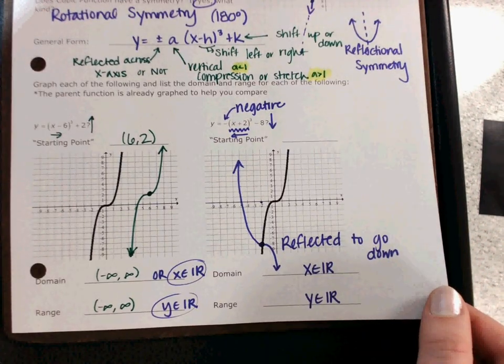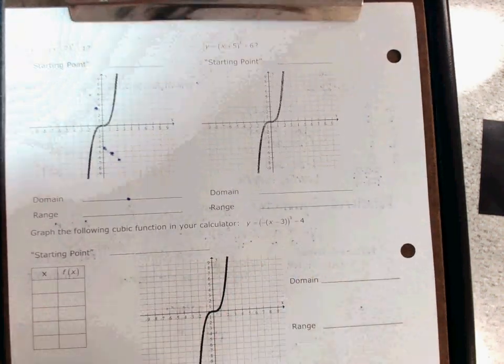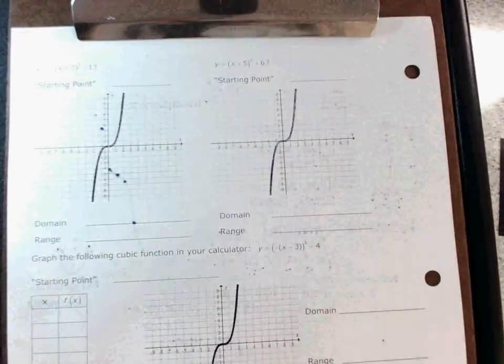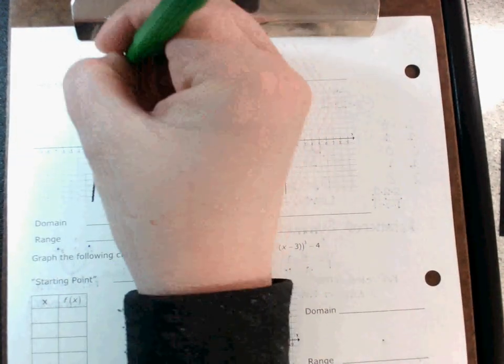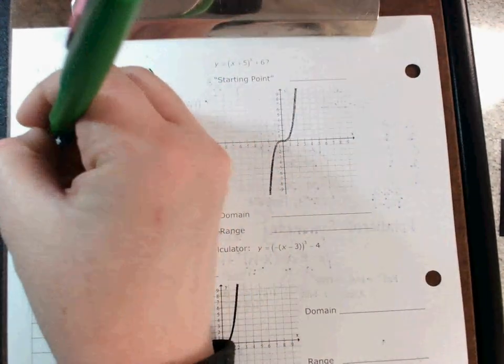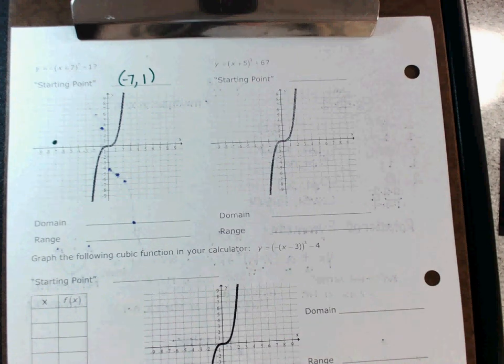Okay, and let's do the back side. So, next one, what will my starting point be? Yep, negative 7, plus 1, good. Okay, so negative 7, 1 is right there. And then normally my right side goes up, my left side goes down.